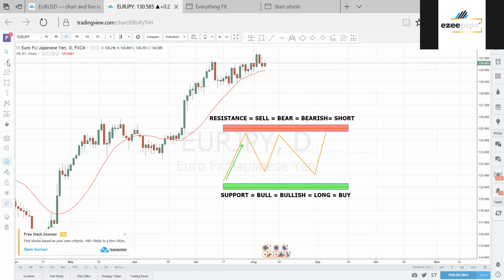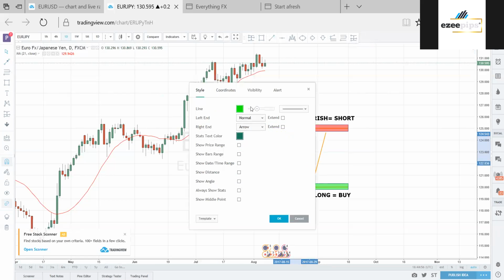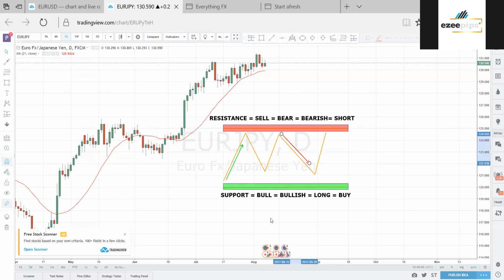And at levels of resistance, this is what price is doing. Perfect. So this will repeat itself over and over again till it breaks a particular level.